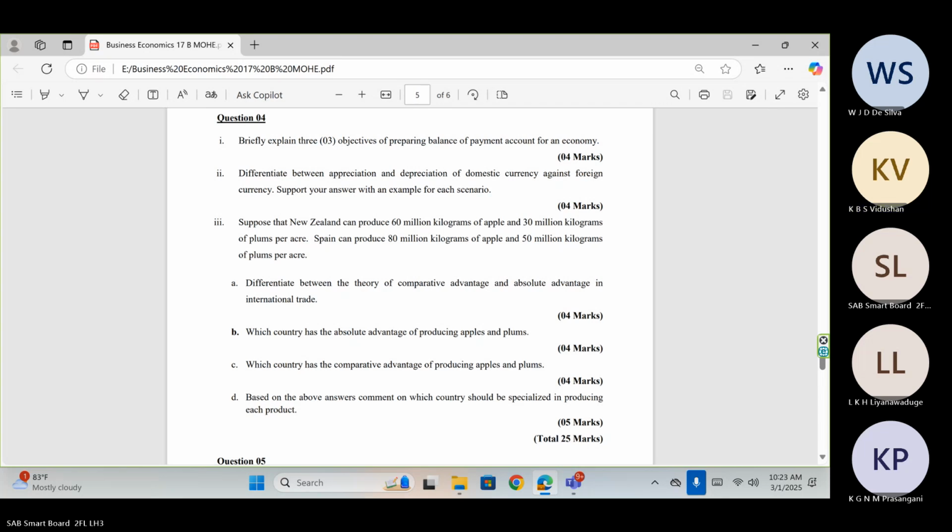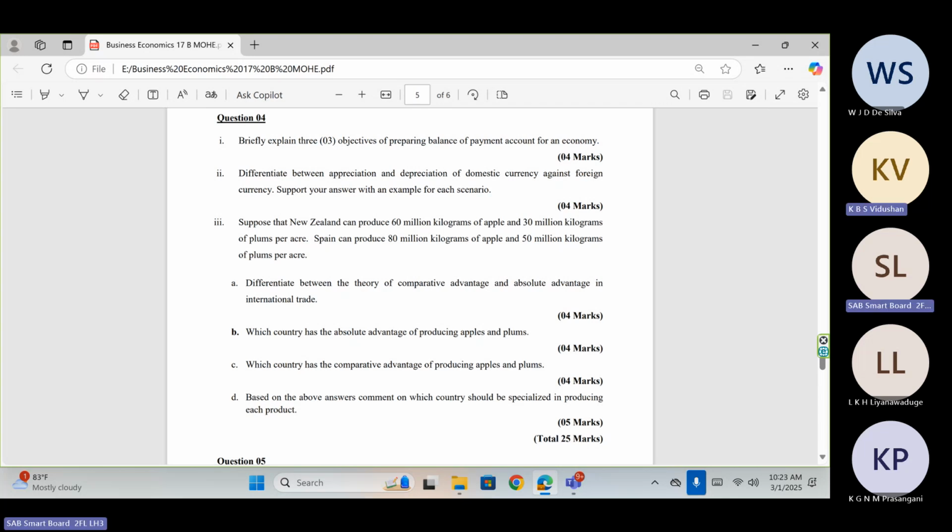Sir, is there any question from the balance of payment in this economics part? Yeah, there will be something like this. Here you can see question number 1: briefly explain 3 objectives of preparing a balance of payment account for an economy, 4 marks. That type of question will be there, not a lengthy one.